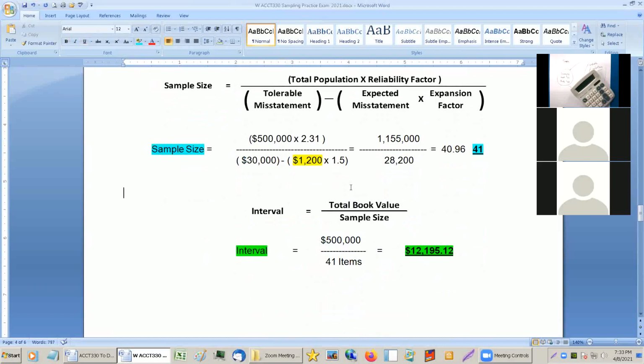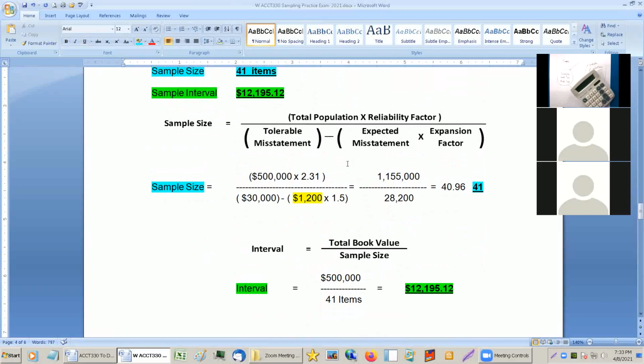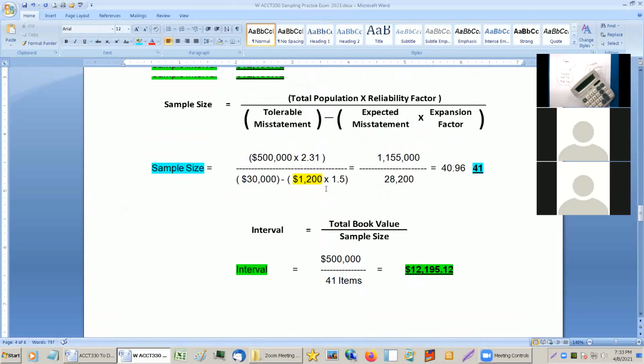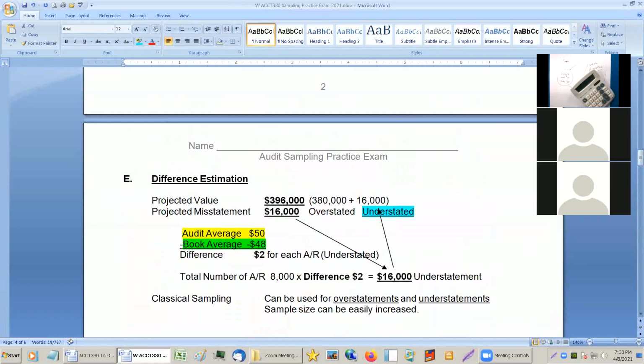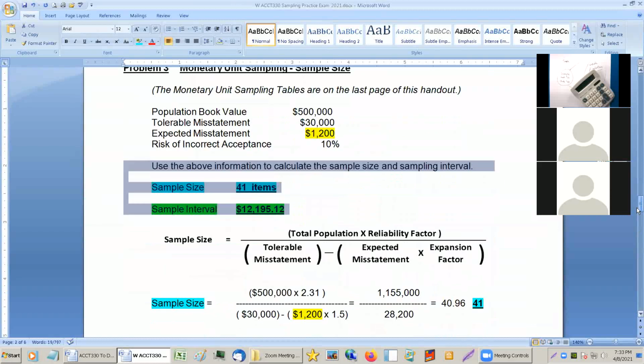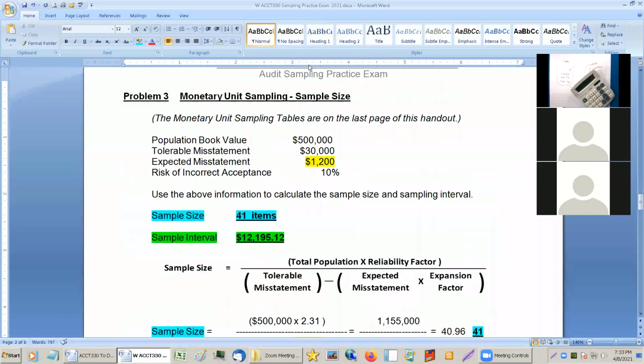It's kind of like baking a cake. They tell you go get this, go get that, and you put it together. Even though this looks kind of cumbersome, it's way quicker than the classical sampling way. To find the sample size for classical sampling, you need to find the standard deviation, or an estimate of it.